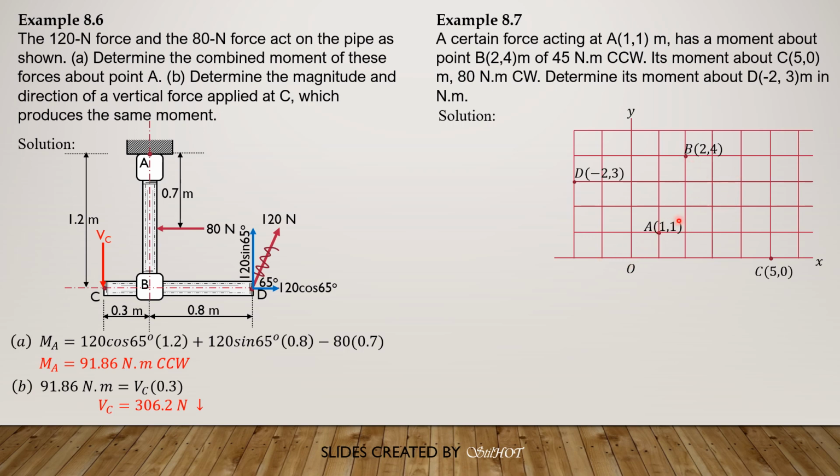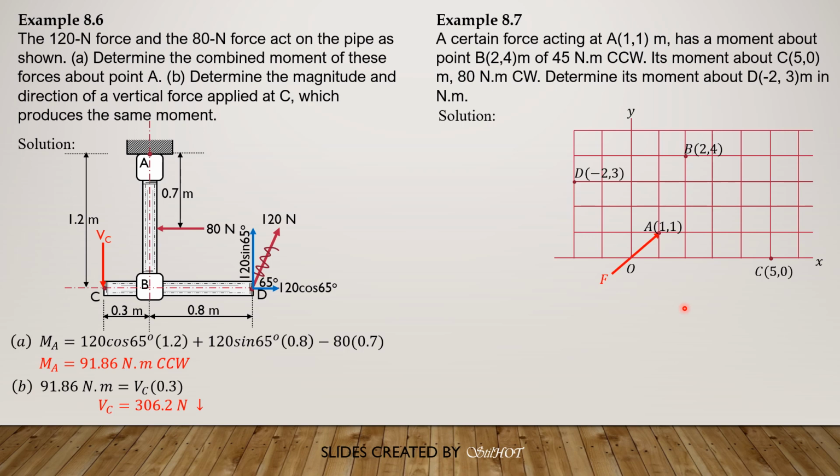And if it is directed up to the right, then its moment about C at (5, 0) would be clockwise. Since the moment about C is greater, its probable inclination will be up to the right, but as long as it is below B. So this is the possible direction of the force.